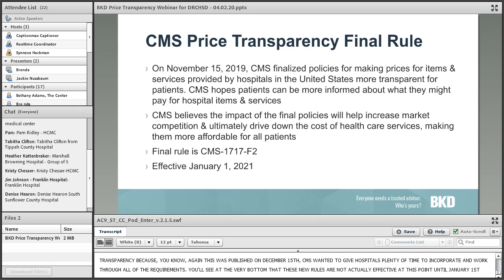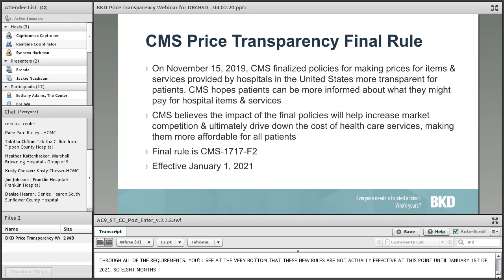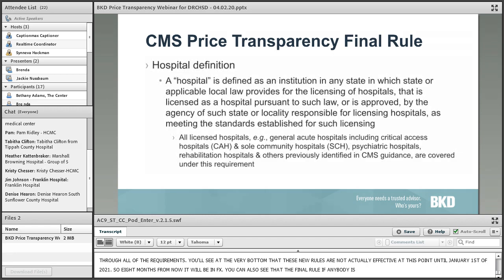You'll see there at the very bottom that these new rules are not actually effective at this point until January 1st of 2021. So, 8 months from now, these will be in effect. You can also see there the final rule if anybody's interested in going out and looking and getting into some of the details around that.